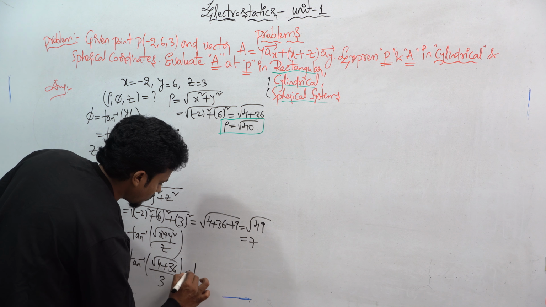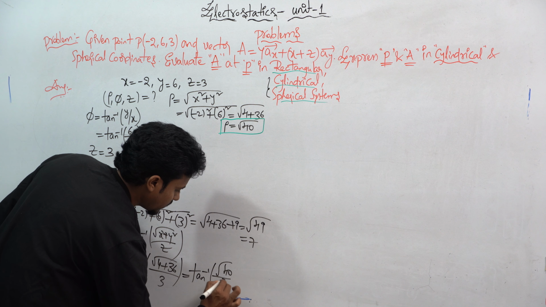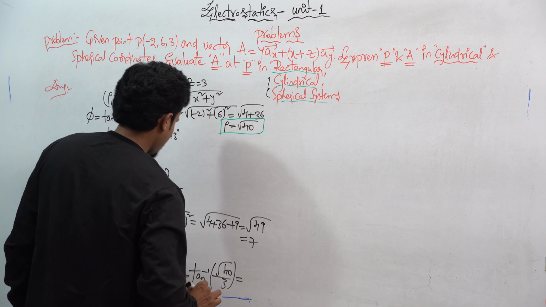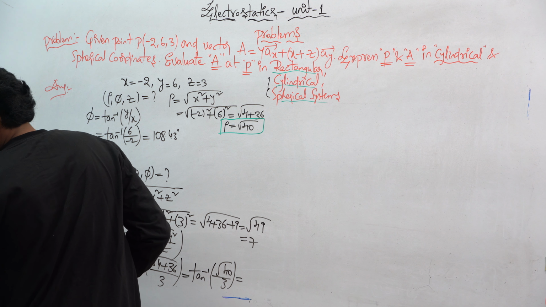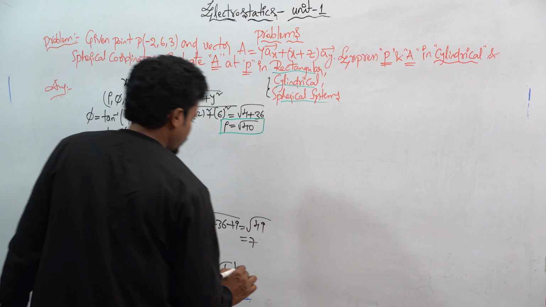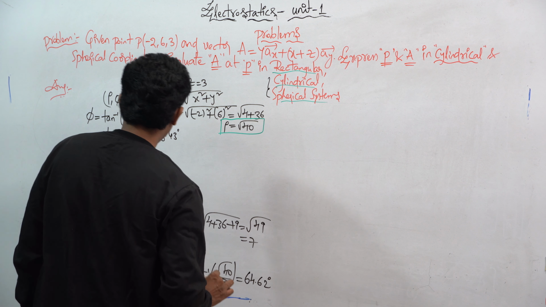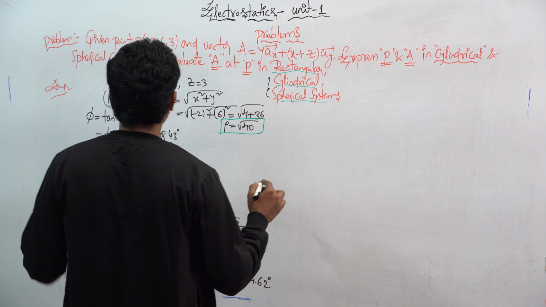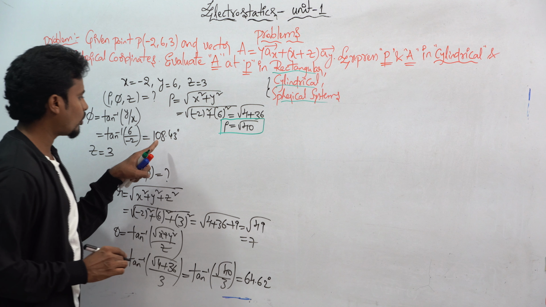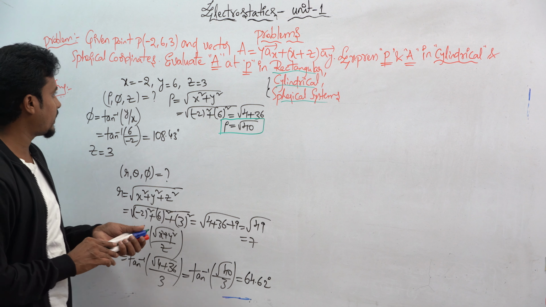So this is equal to tan inverse of root of 40 divided by 3. How much will you get? You will get 64.62 degrees. Put it on CAD. Okay, r, theta and phi. You already know phi, right? 108.43 degrees.